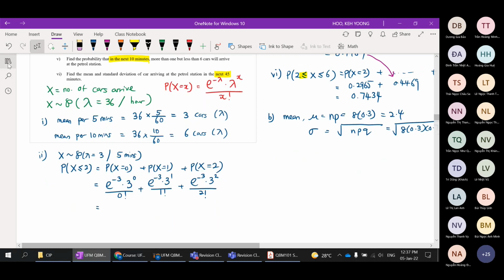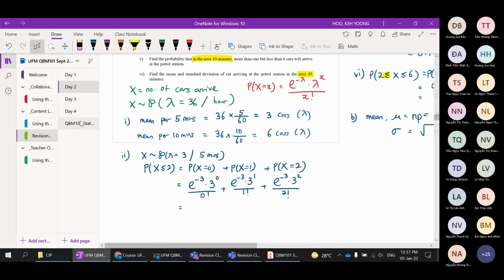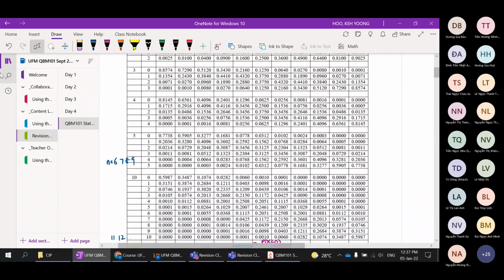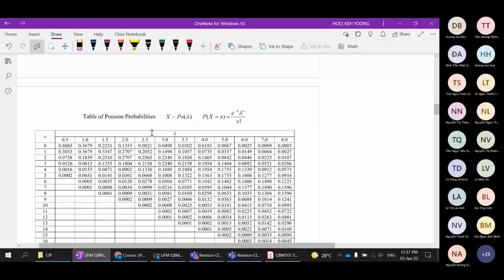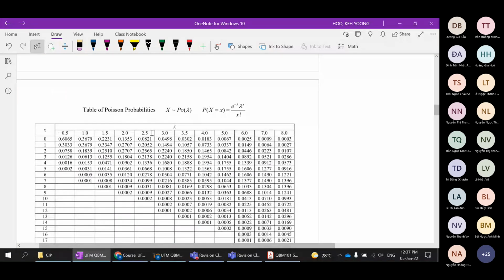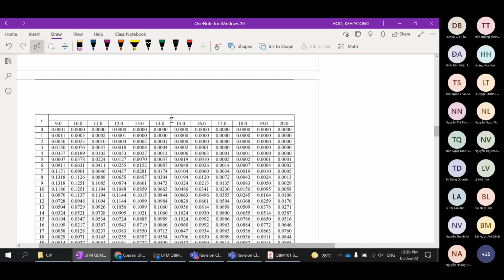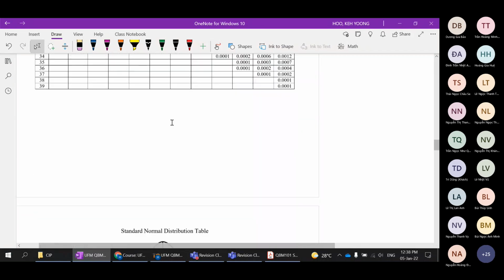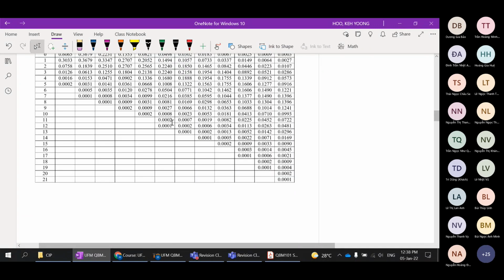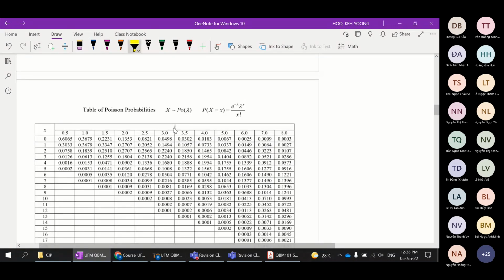Let's see whether we can find it from the statistical table. We're going to look for the Poisson table. You can refer to this if your lambda is the same as in the table. There are 2 pages here. Right now we have lambda equals 3, so we can refer to the table.